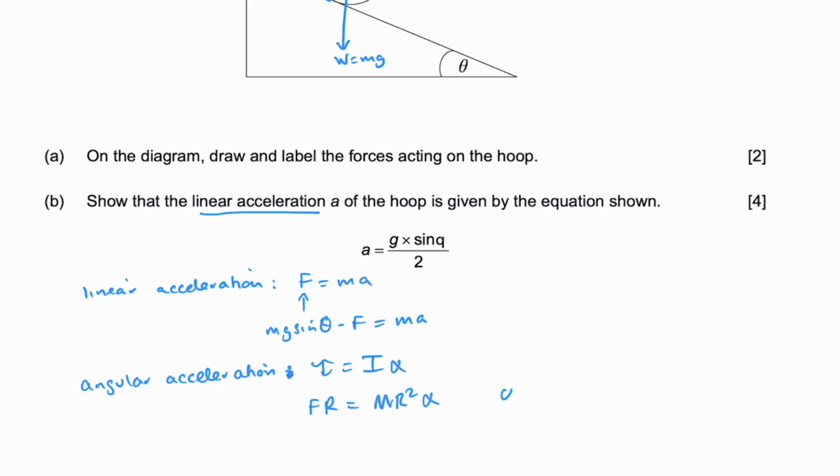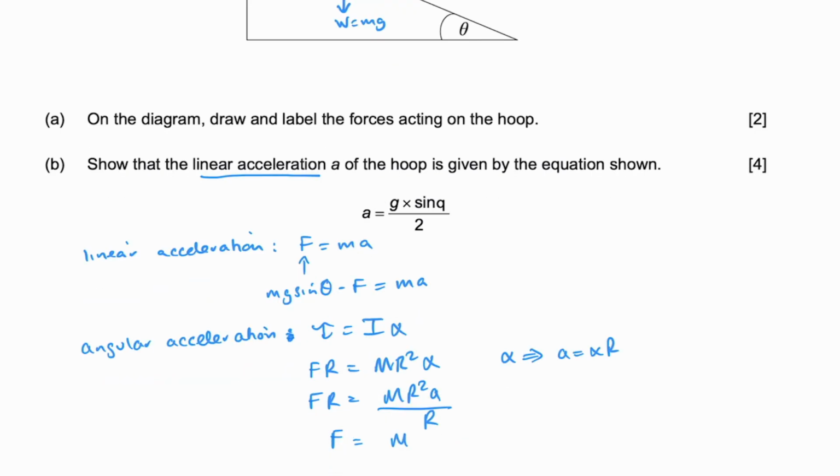Alpha is the angular acceleration, which is related to the linear acceleration with this expression here. So Fr equals mr squared a over r. And we want to just get an expression for F so we can pop it back into the equation above. So F equals mr squared a over r squared, because we're taking that r down to there. These cancel. F equals ma.